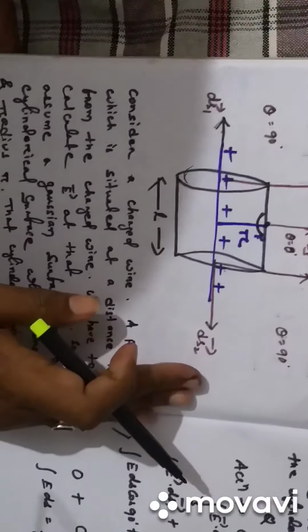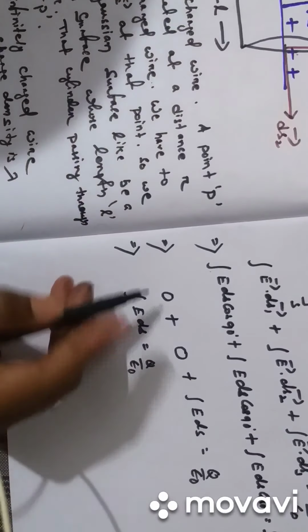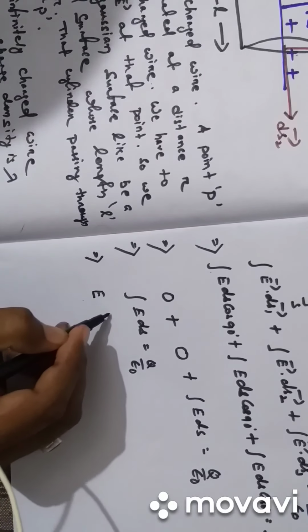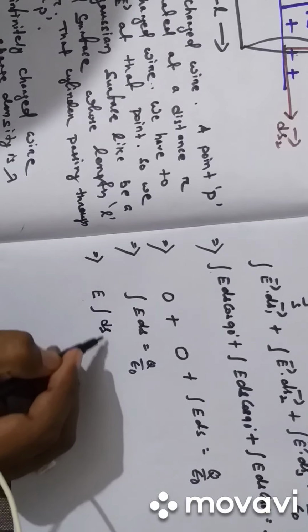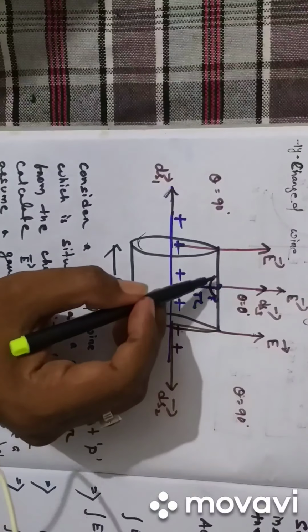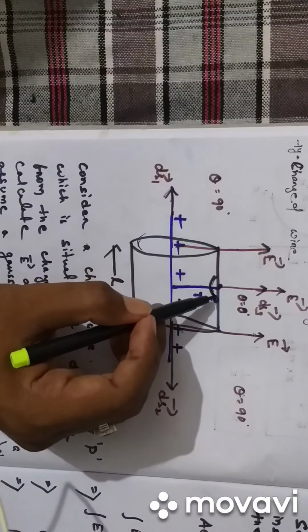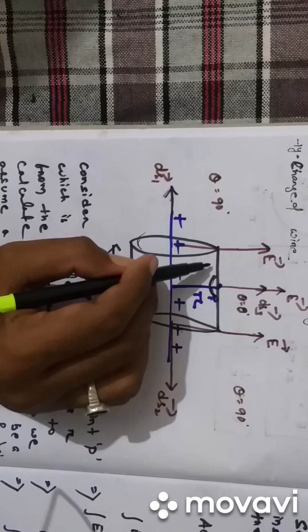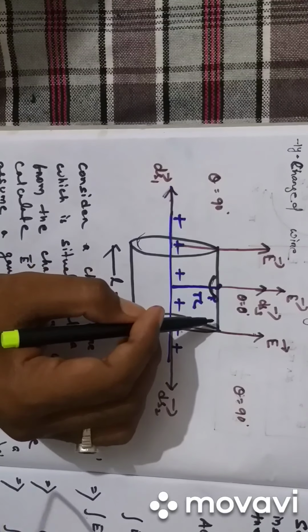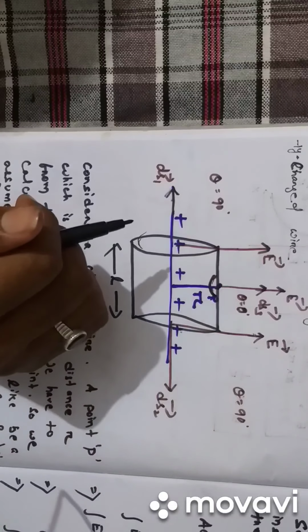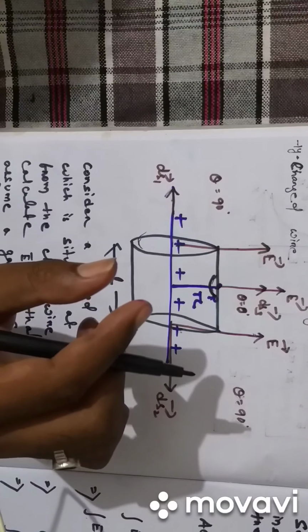Therefore the electric field intensity is taken outside, and the integration of ds is equal to q by epsilon naught. Here in that diagram the small surface is represented as ds. In a cylindrical Gaussian surface there are a number of small surfaces, and adding them is known as integration.